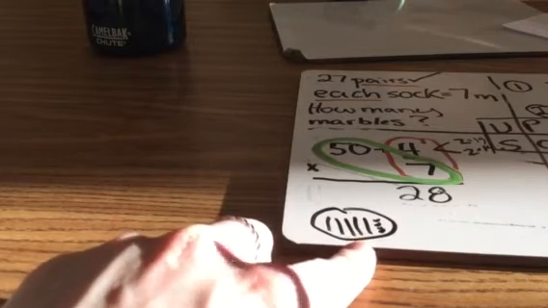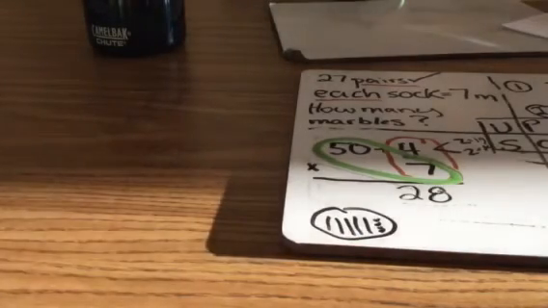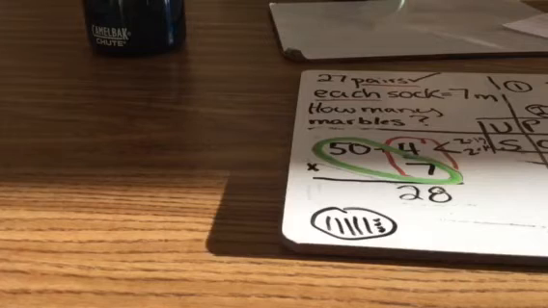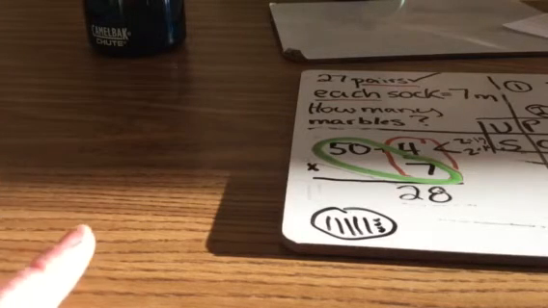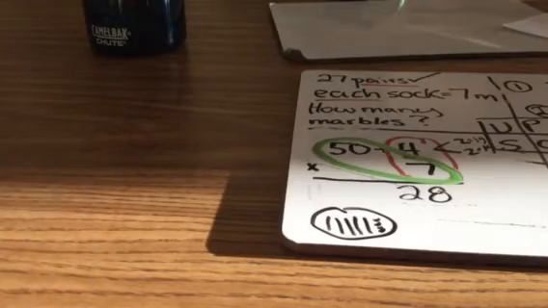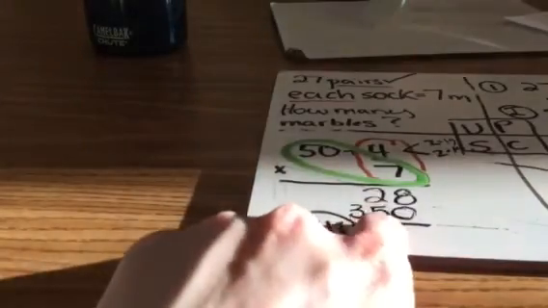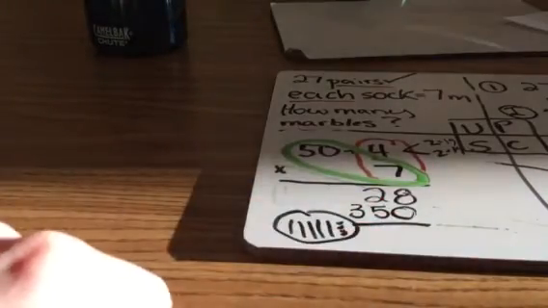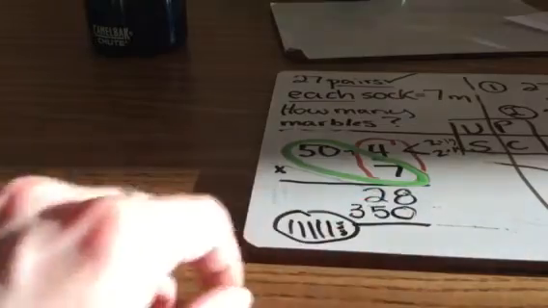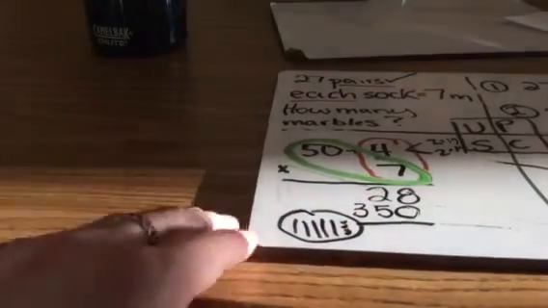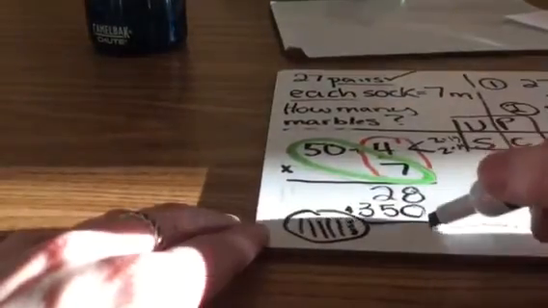So 7 times 5 10s. 7 times 5, I know, because I can count by 5s. 5, 10, 15, 20, 25, 30, 35. But it's not just 35, it's 35 10s. So anytime I have 10s, I add a 0 to the end to make the 10s. Okay, so that says 35, and that 0 is holding the place for 10s because the 35 is in the 10s place. Okay, now we add it all together.